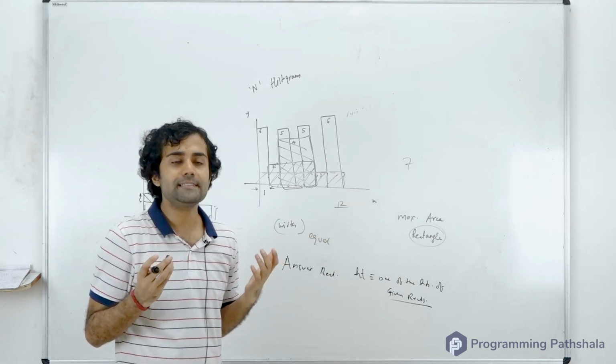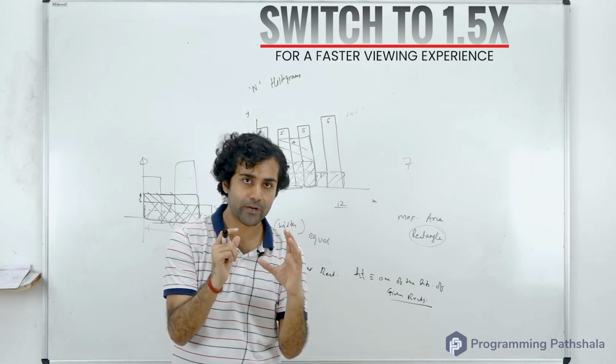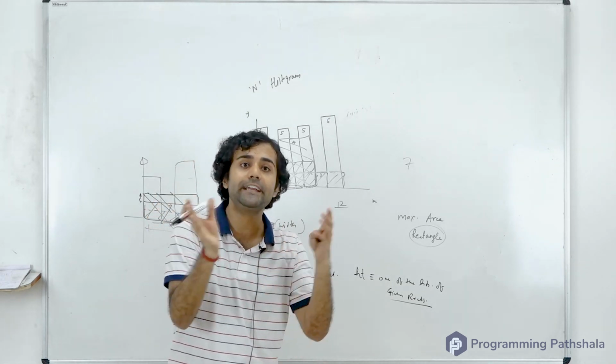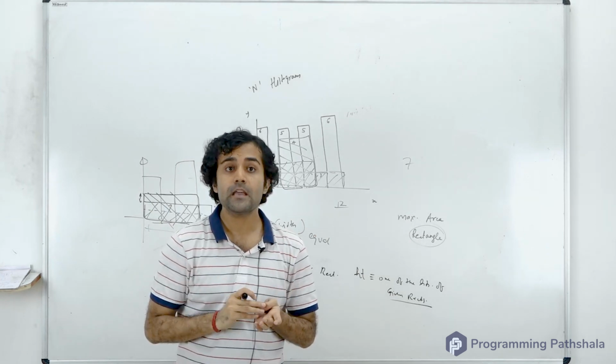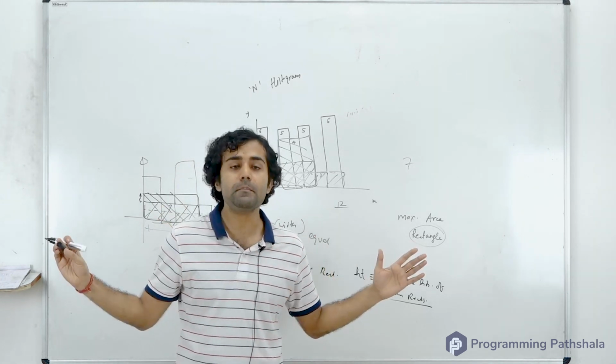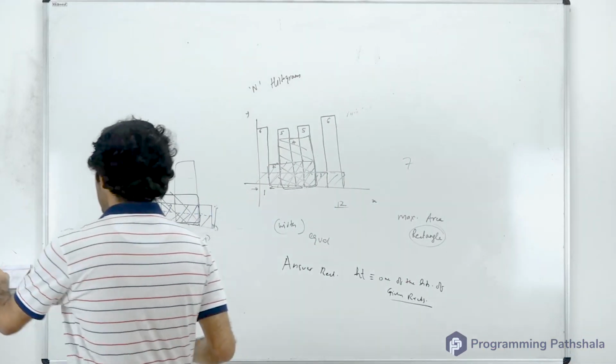So can I say that, hey, let me pick histograms one by one, and whenever I pick a histogram, I fix the height of that histogram as the height of my answer rectangle. Now I'll try to draw a rectangle with the maximum possible width and that fixed height, right? So that is how the strategy is going to look.